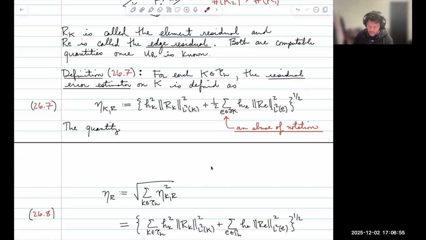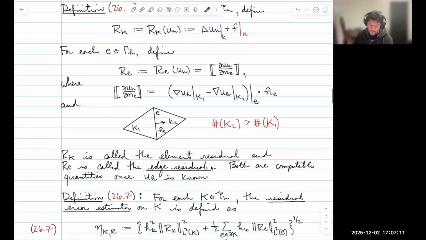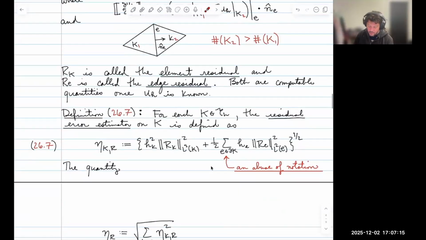The first thing in the sum is hK squared, so that's the size of the triangle. It's the largest edge in the triangle, squared. Then I'm going to square the L2 norm of the element residual. Okay, that's that guy. Again, this is computable.